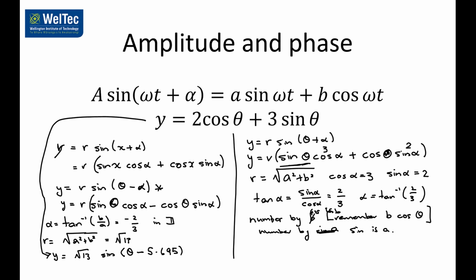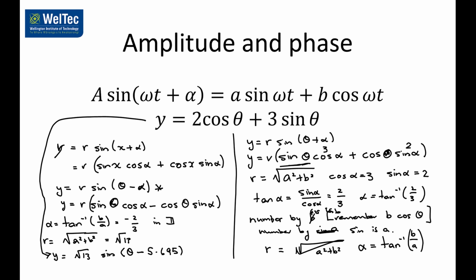So now we can get the rules that r is equal to the square root of a squared plus b squared, and in this particular case alpha equals tan inverse of b over a.